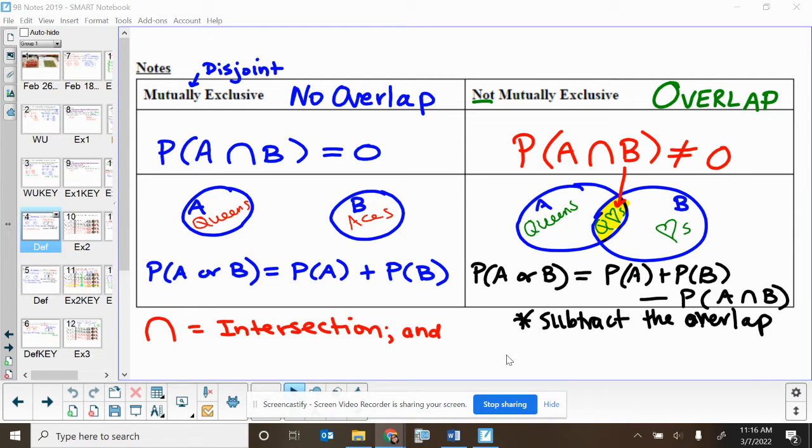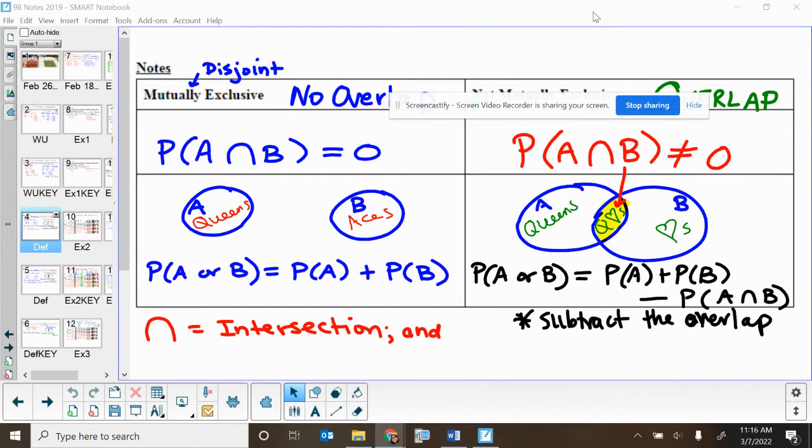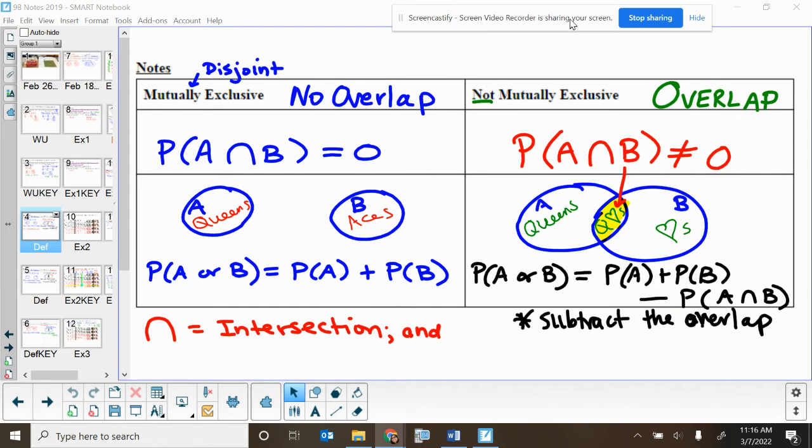Okay, so 9b is about whether things are mutually exclusive or not. To tell if something is mutually exclusive, we're going to see if it is disjoint, has no overlap, or has overlap. Exclusive means they're not related, they're disjoint.